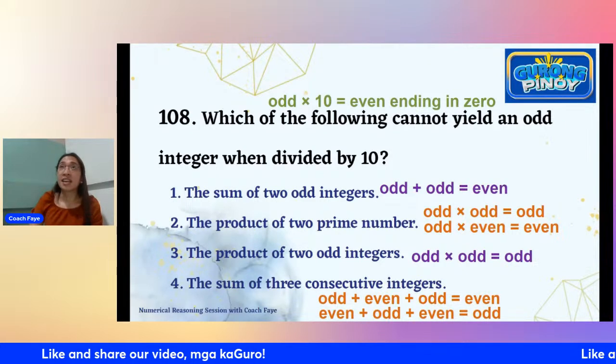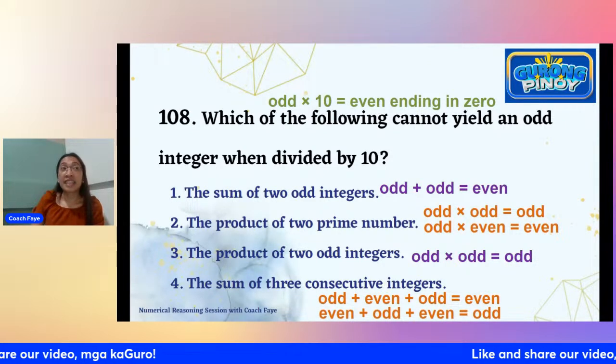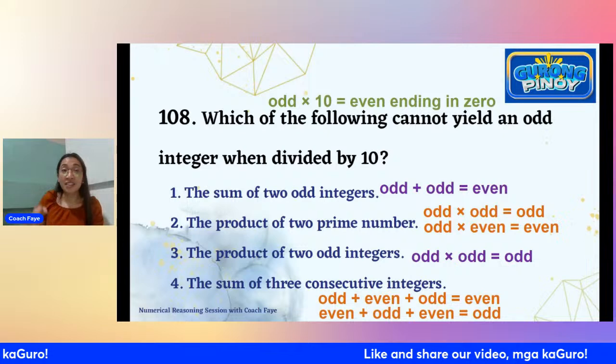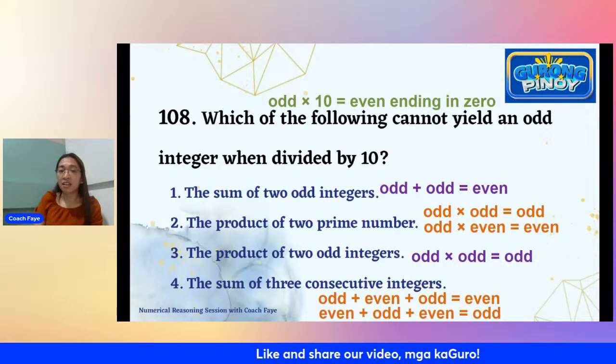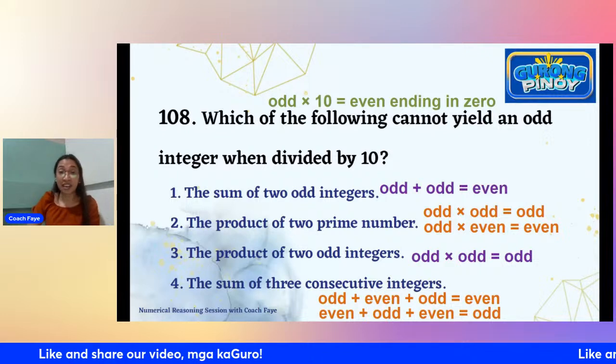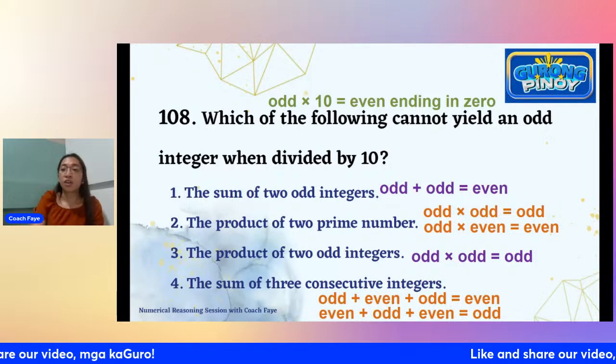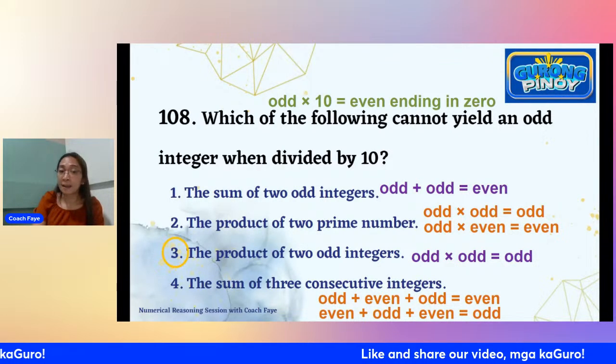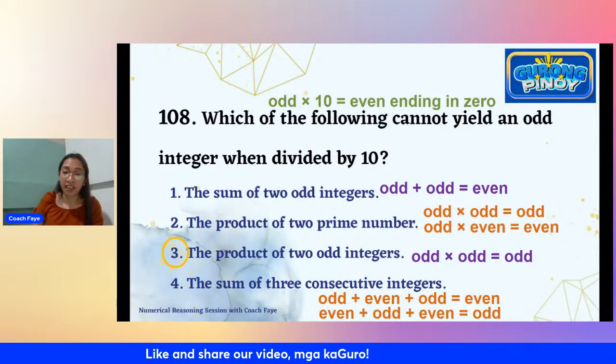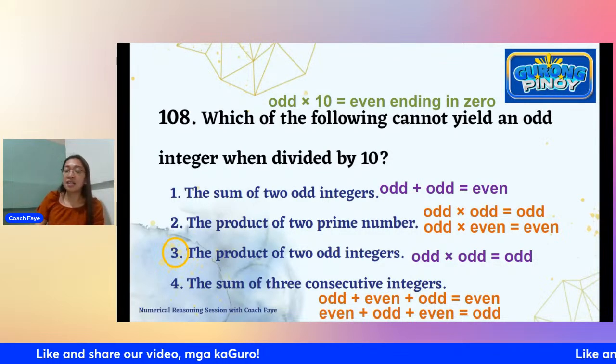Another option is 10, 11, 12. That's even, odd, even. That will give you even. So which of these options cannot give an even number ending in 0? So your only option is 3. Kasi all the other options, pwede silang maging even, so possibly ending in 0.